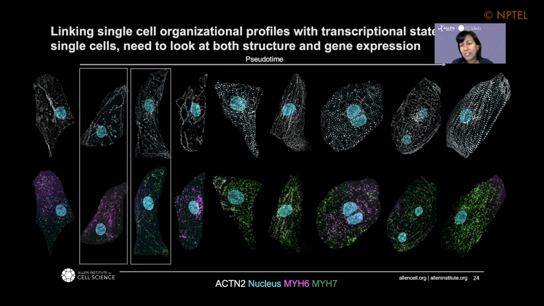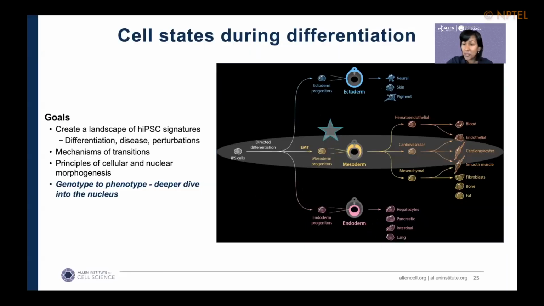Right? So what we are understanding from our analysis is that both types of measurements should be done in the same cell, and this should be done in a single cell analysis. So we hope to do that in our studies as we explore cell state changes during differentiation.